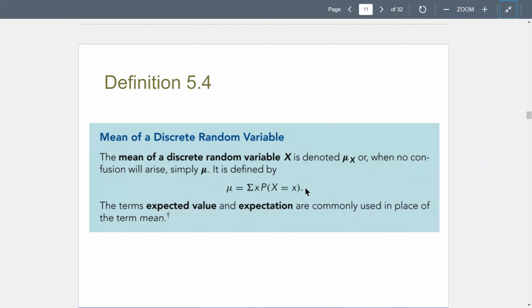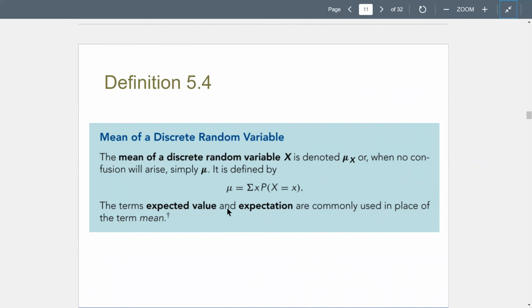That being said, how do you calculate the mean of a discrete random variable? The way to calculate it is through the products of the value and its probability.